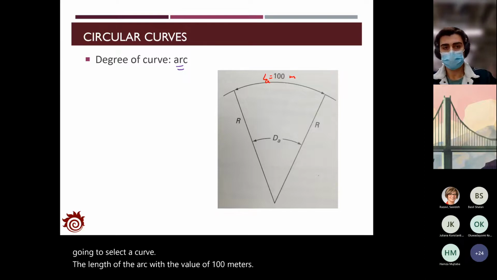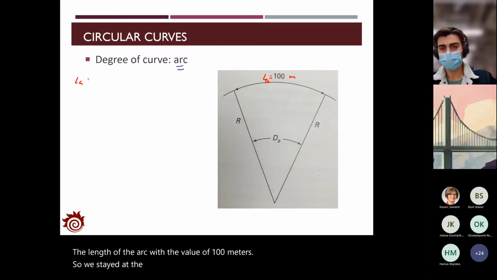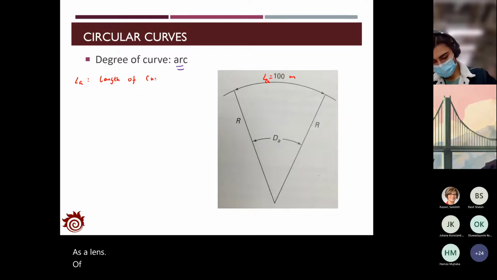So we say that LA is the length of the curve, or the arc, and the value is selected as 100 meters.